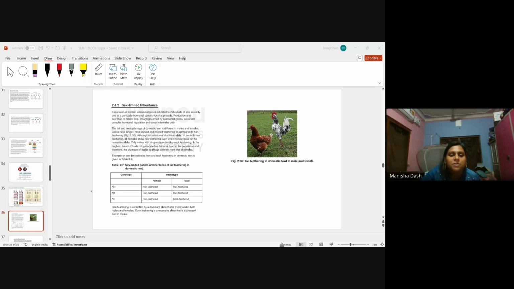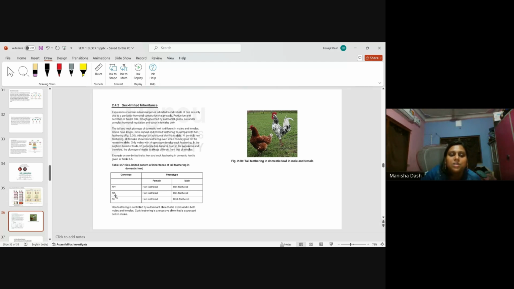As you can observe here, take the example of feathering. If the genotype is capital H capital H, the female will have hen feather, and the male will also have hen feather. If it is capital H and small h, both of them will have the similar character.